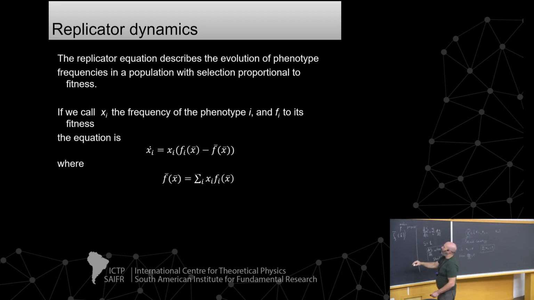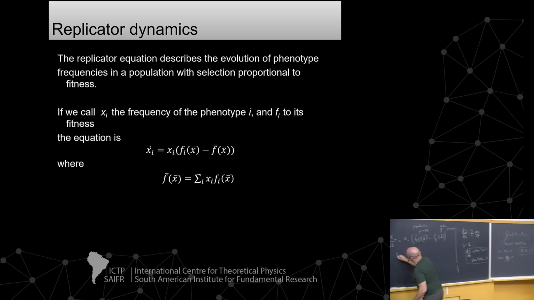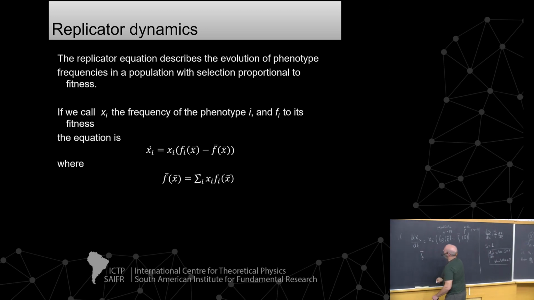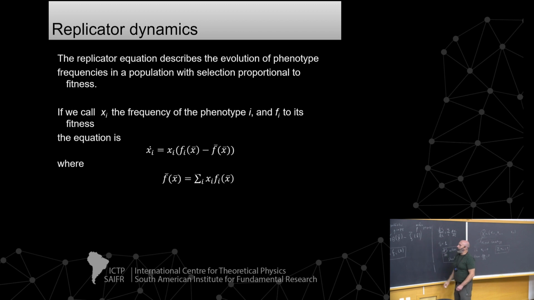So as you can see, F, the mean payoff, is defined as the sum over I of the fraction of I times the payoff of I in the population. So this is the mean payoff, okay? This is the one that is appearing here.